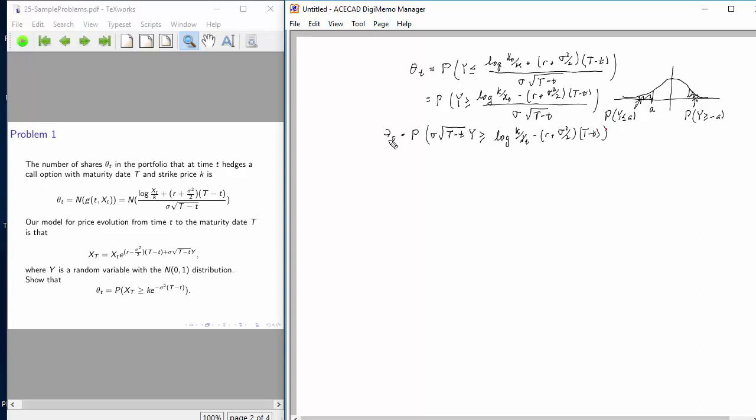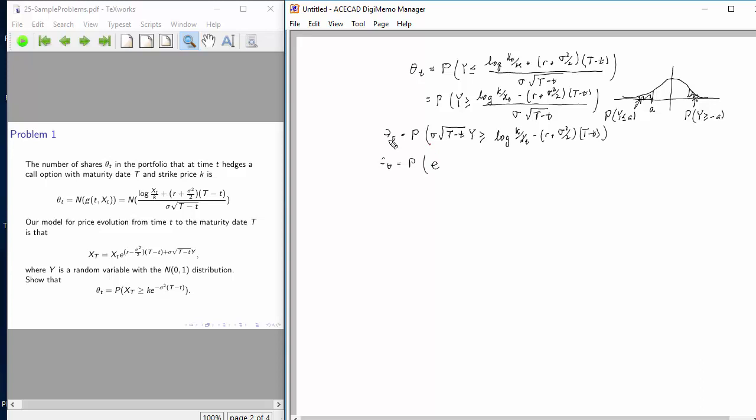Well, we're making progress. Now, since the exponential function is monotone, I can exponentiate both sides without changing the inequality.